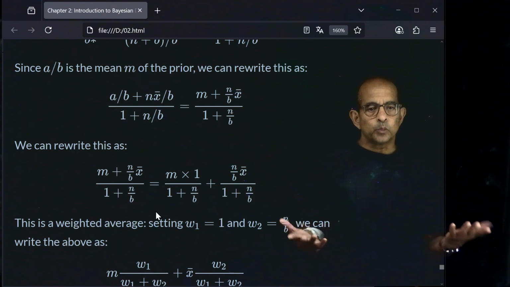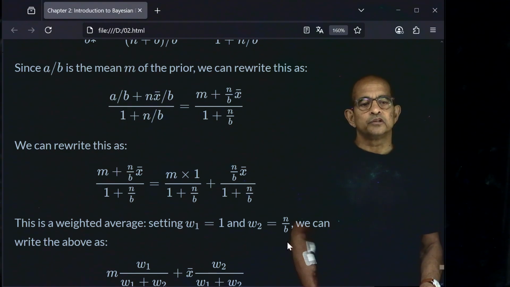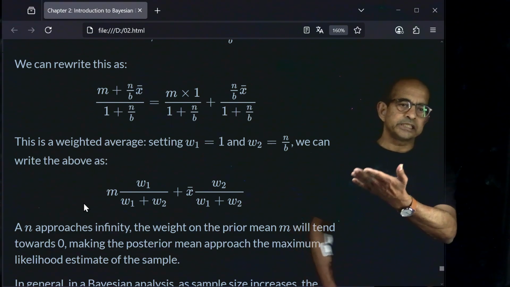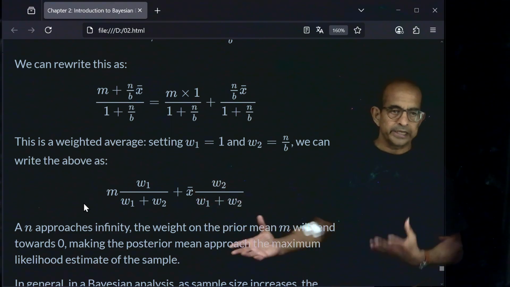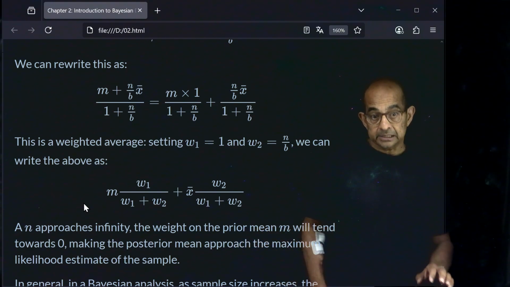The weights in this equation are the following. There's one weight, call it W1, which is equal to 1, and the other weight is n over b. So I could rewrite this equation in terms of W1 and W2, and now you see clearly that we are looking at a weighted sum. The posterior mean is a weighted sum of the prior mean and the maximum likelihood estimate.